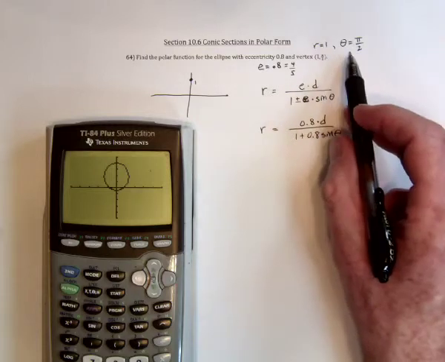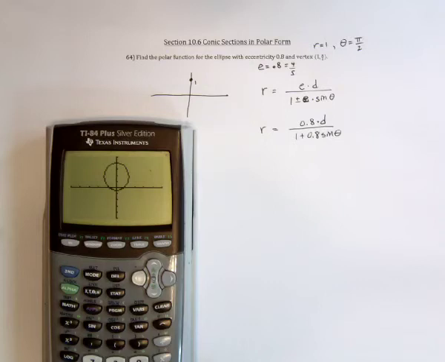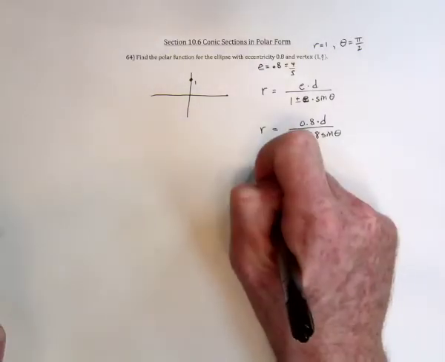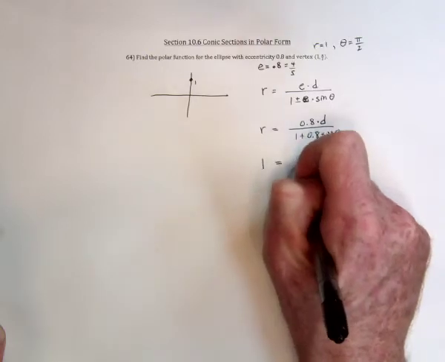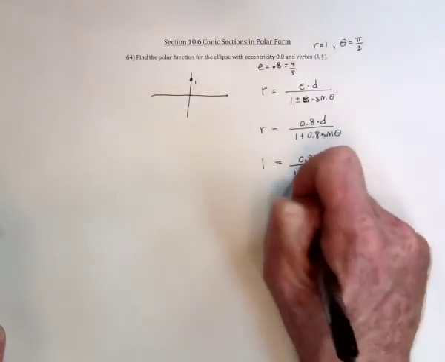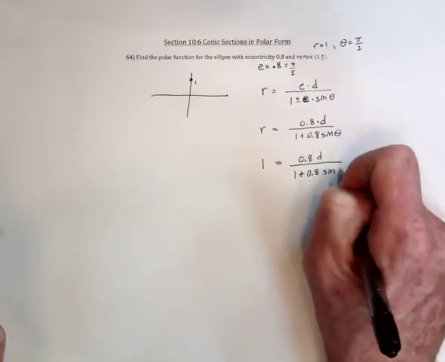And this given information means just plug in pi over 2, plug in a 1, and then we should be able to solve for d. r is 1. Sine of pi over 2.